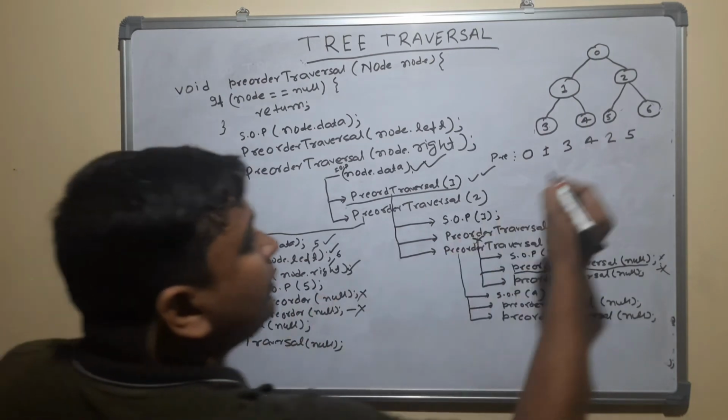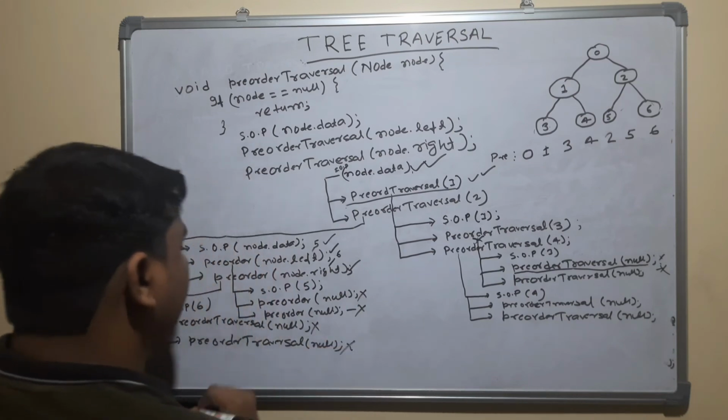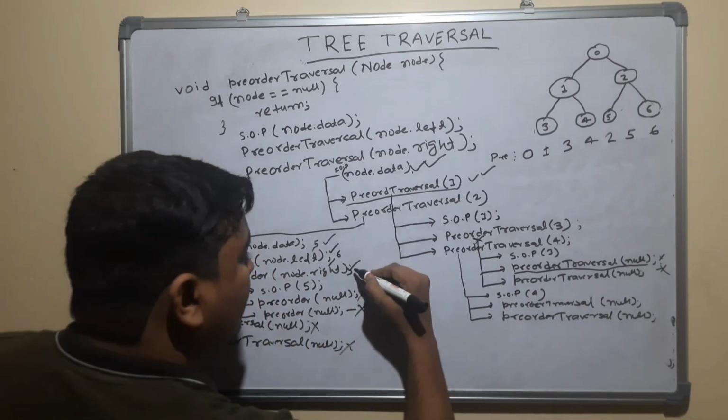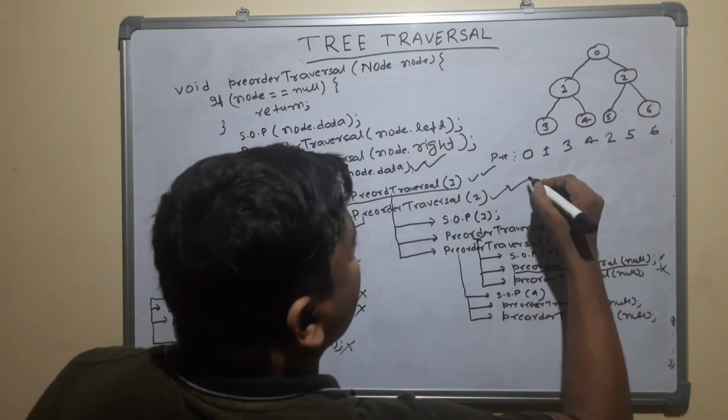So this one will print 6, and it's also not doing anything. Now this part is also completed.